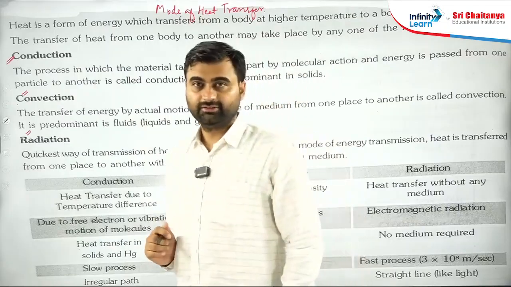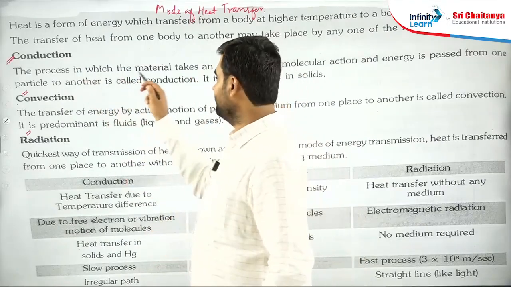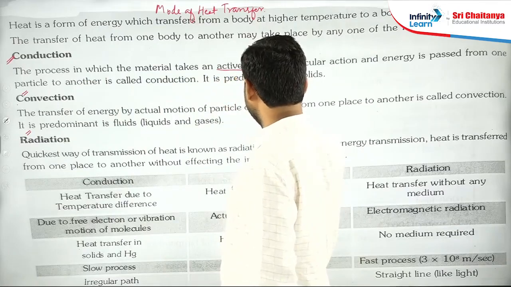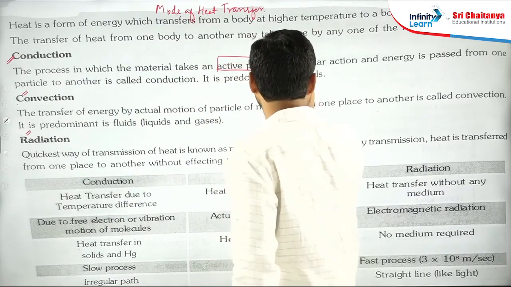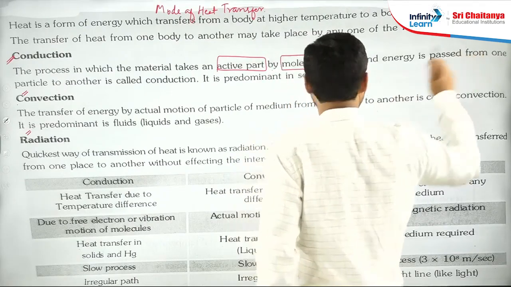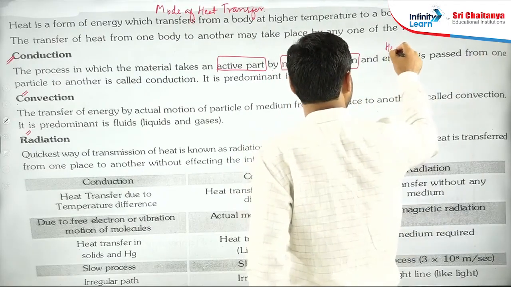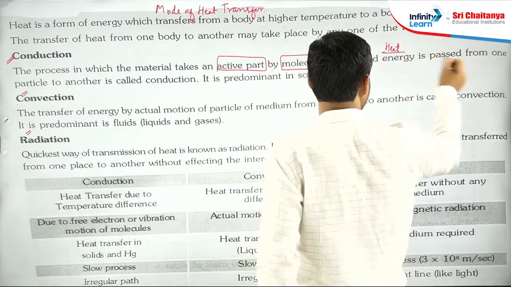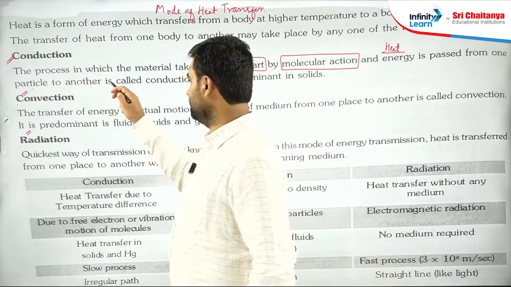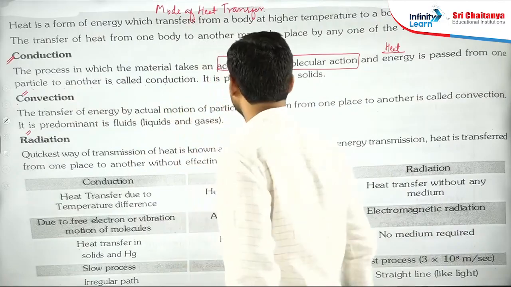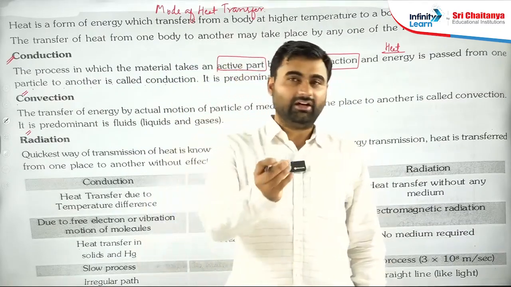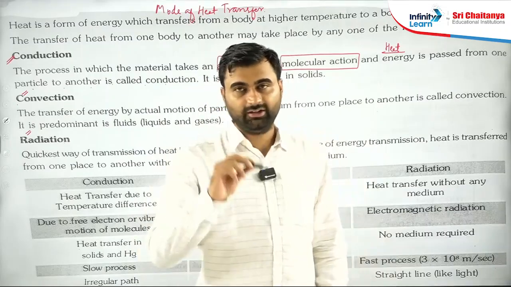To read the definition: the process in which the material takes an active part, by molecular action, and energy, heat, is passed from one particle to another, is called conduction. It is predominant in solids. I gave you the example of the iron rod.